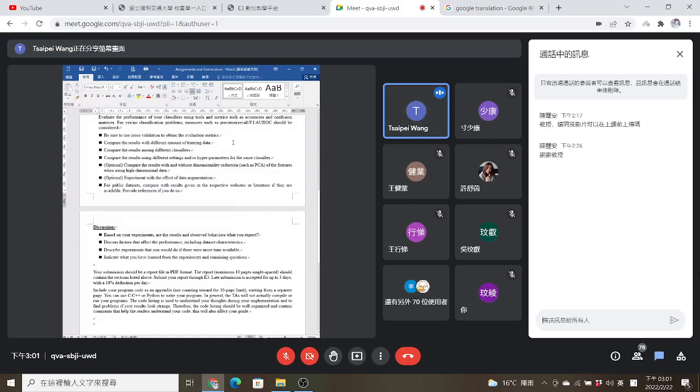Change them by order of magnitude. If you have 10,000 samples, you can try 10 samples, 100 samples, 1,000 samples, and 10,000 samples. See the result difference. You might get some idea about the critical amount of training data that you need for that particular problem.